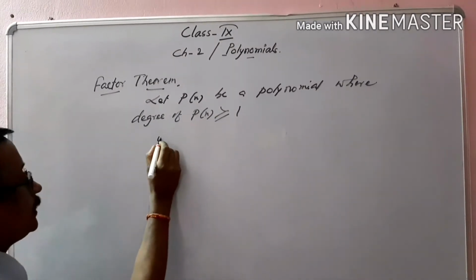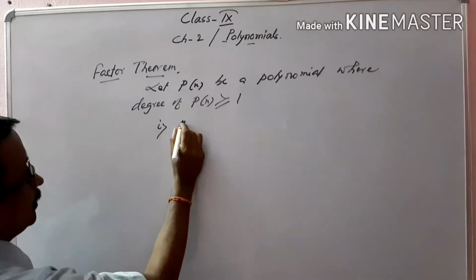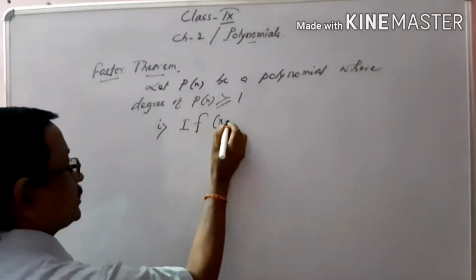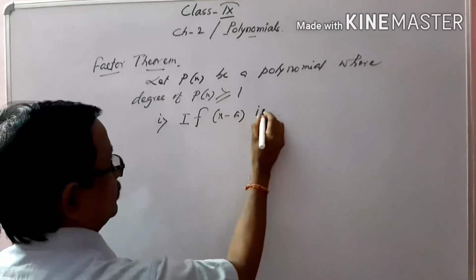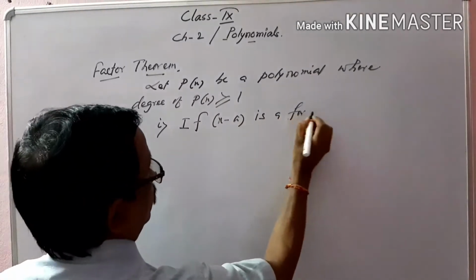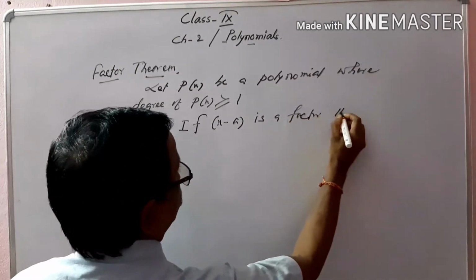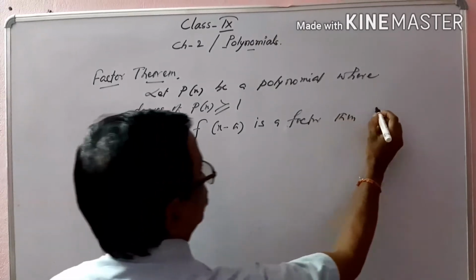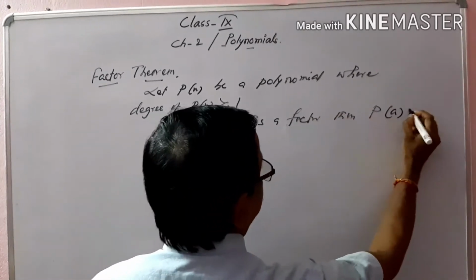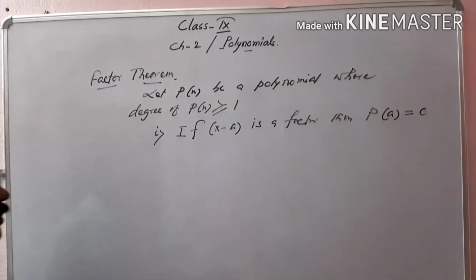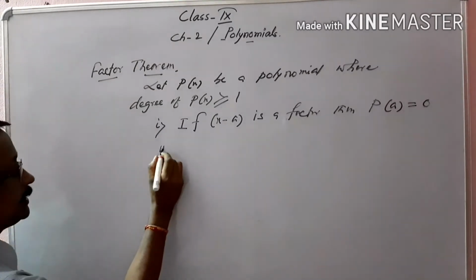Then there are two conditions. If x minus a is a factor, then P(a) must be 0. Okay? And second condition is there.